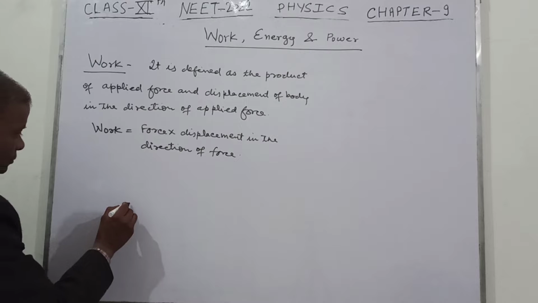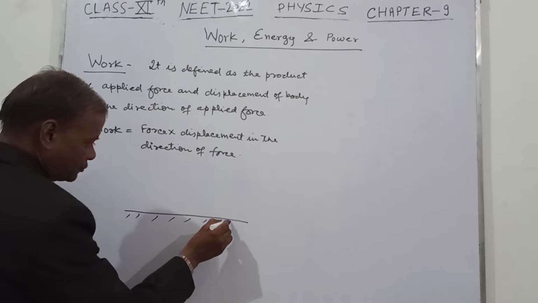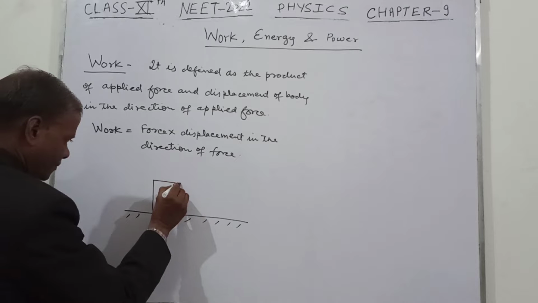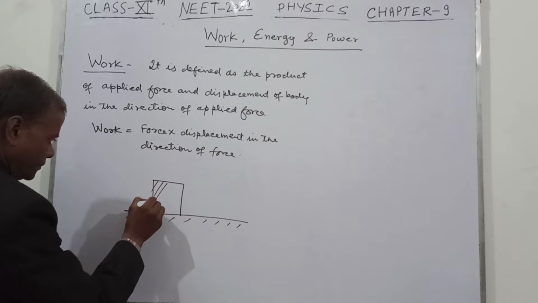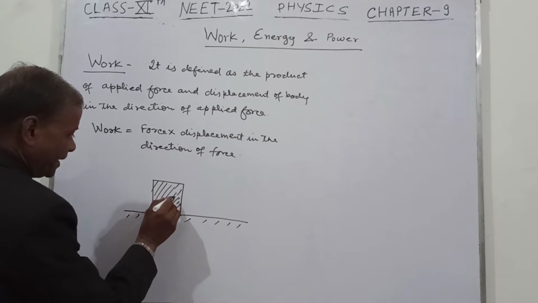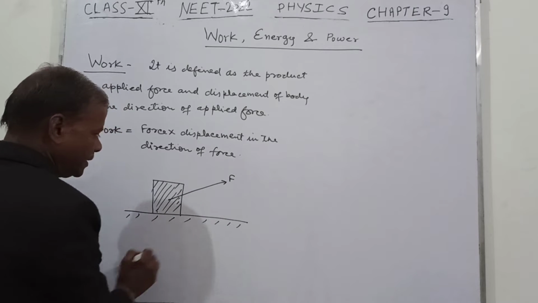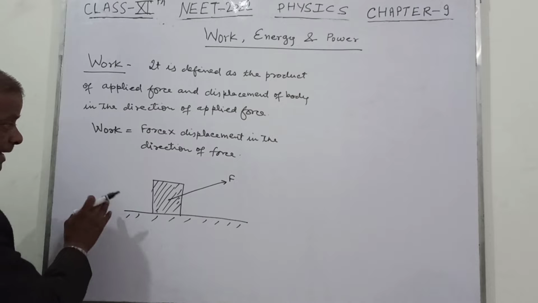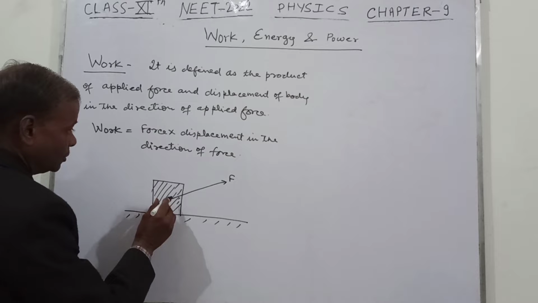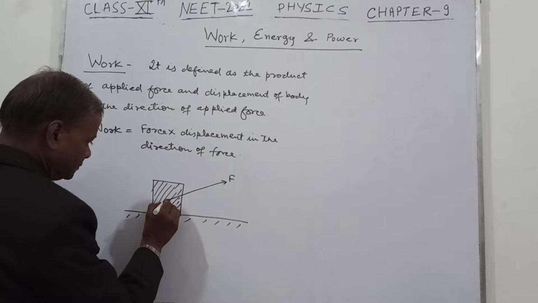Now we have a body here. This is the surface and this is the body. Let some force F be applied on this body, and as a result the body gets displaced. Let this force make an angle theta with the horizontal.